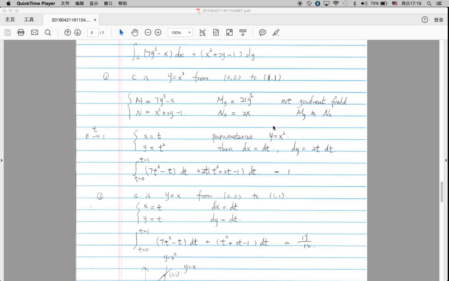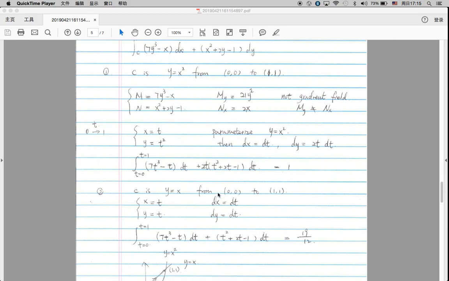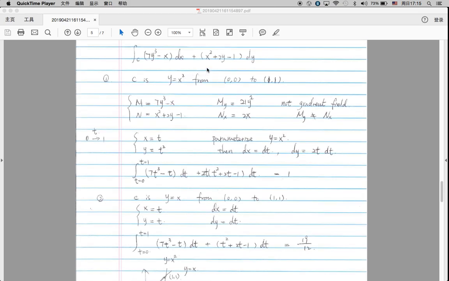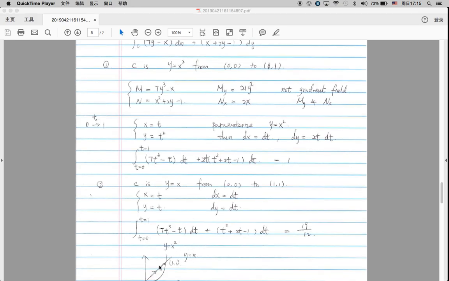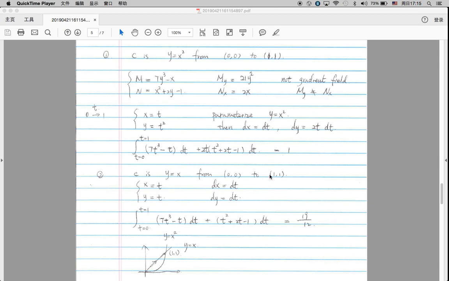However, if this is a gradient field and we were asked to calculate the integral over a different path, but with the same starting and ending points, these two numbers will be the same no matter what kind of path we choose.